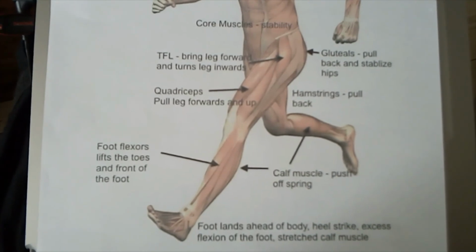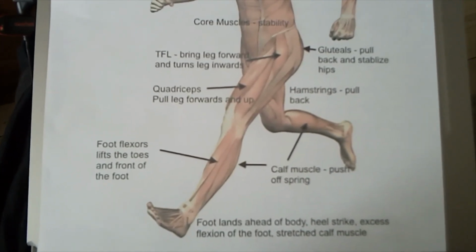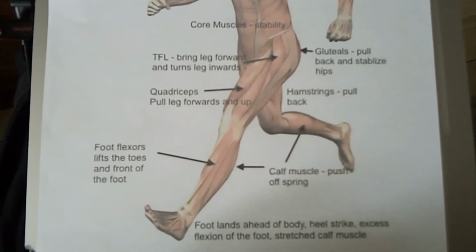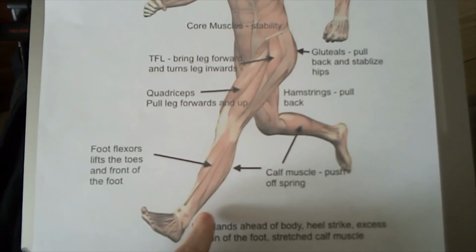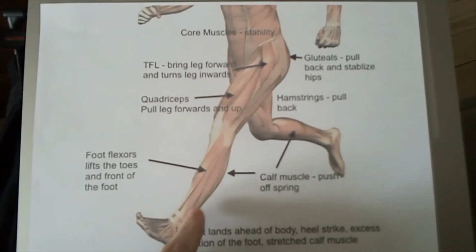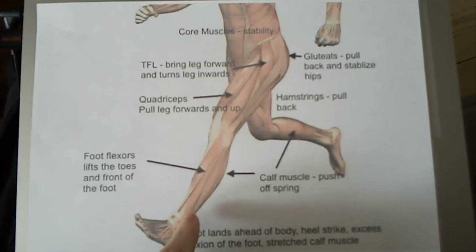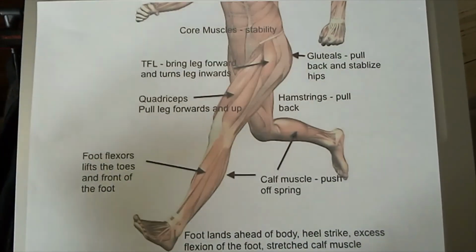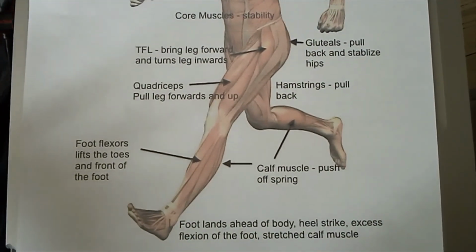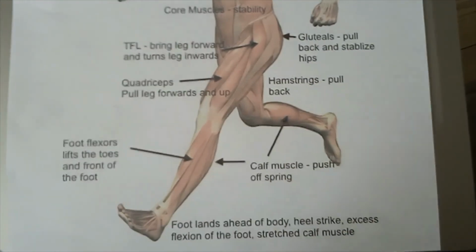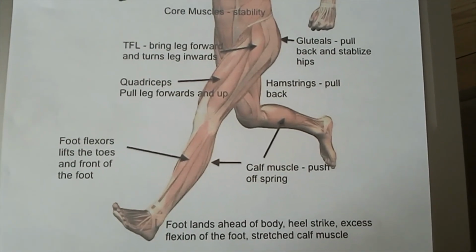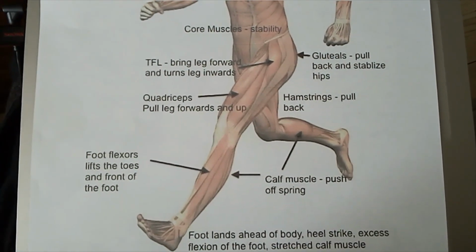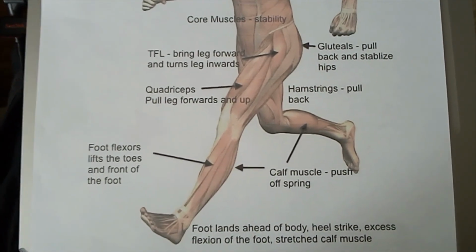But if not warmed up properly, the calf muscle will take more impact and basically overcompensate for the elasticity of the Achilles tendon, which is very tough and fibrous anyway, but elasticity certainly reduces further with age. But as I say, do take a look at the other video on running technique.